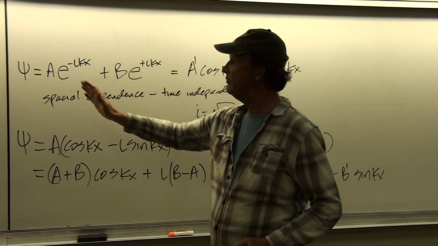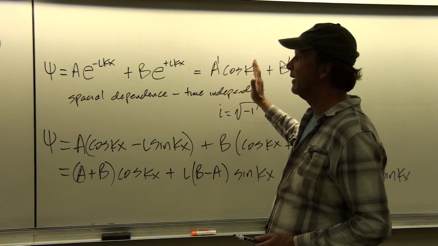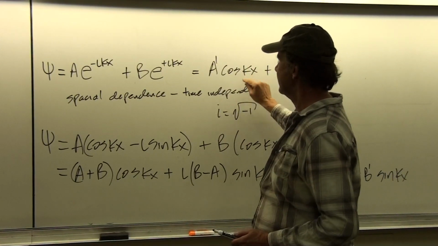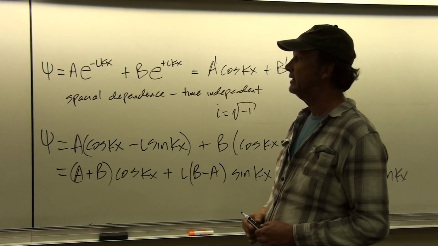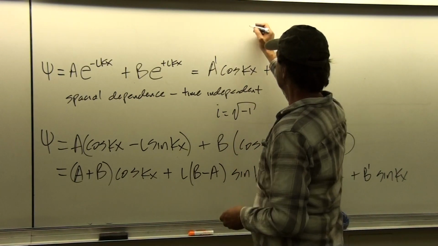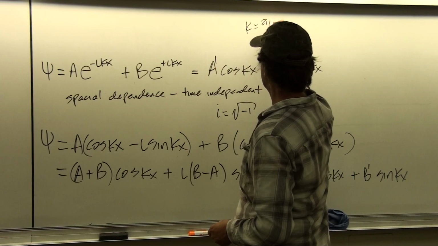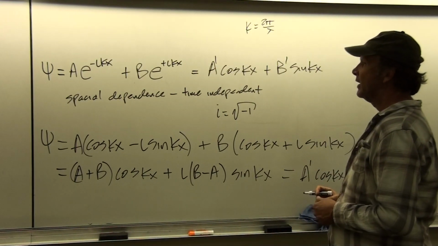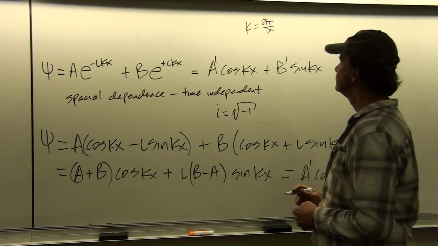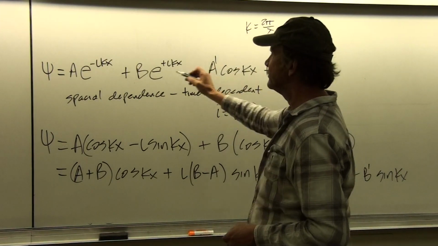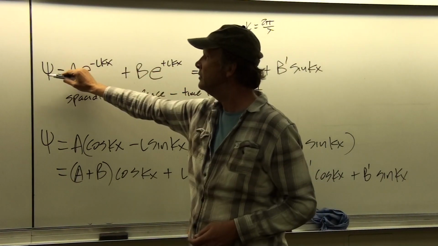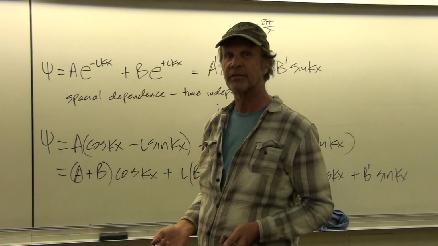And if we can show that this is true for one value of k, which relates to the wavelength, k, you'll recall from before, is 2 pi over lambda, so that relates to the momentum of the matter wave. If it's true for one value of lambda, it's true for all of the different values of lambda.